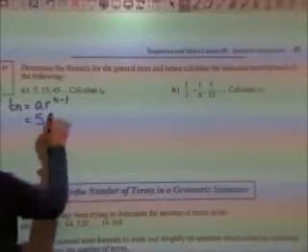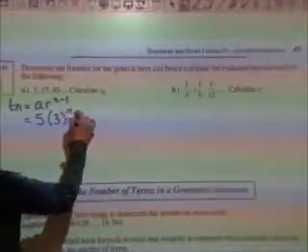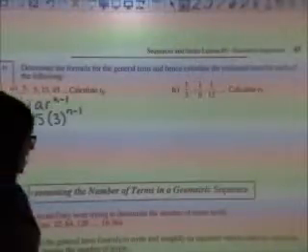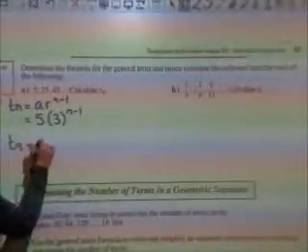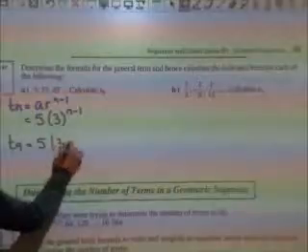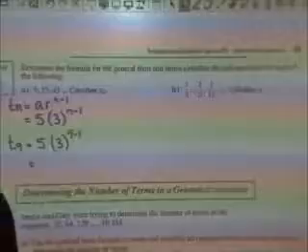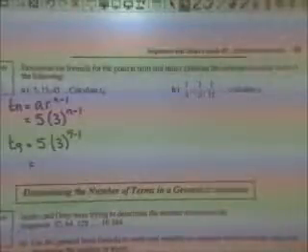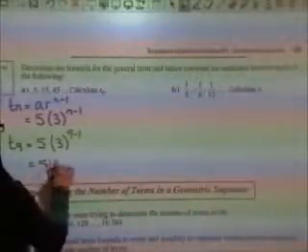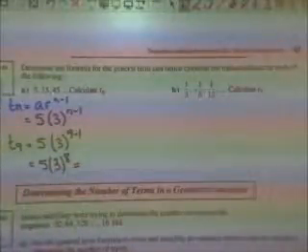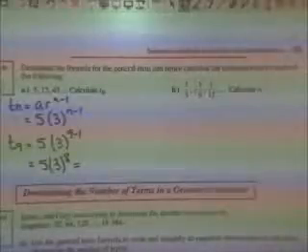So I get a times r to the power of n minus 1. That's how I can write it. So then if I want to calculate t of 9, wherever I see an n, I would substitute in a 9. So it'd be 5 times 3 to the power of 8. And what would I get?